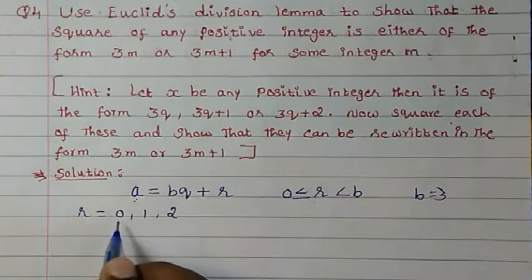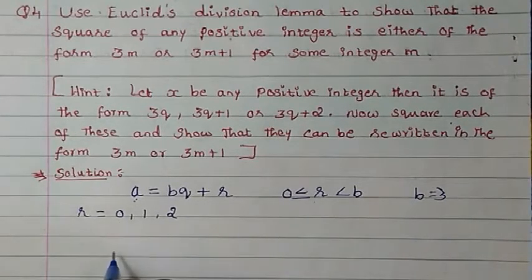Now as we see, you will understand. So first, if we take remainder as 0, we will get a equal to b, which is 3, times q, plus the remainder 0. So we will get the value a equal to 3q.